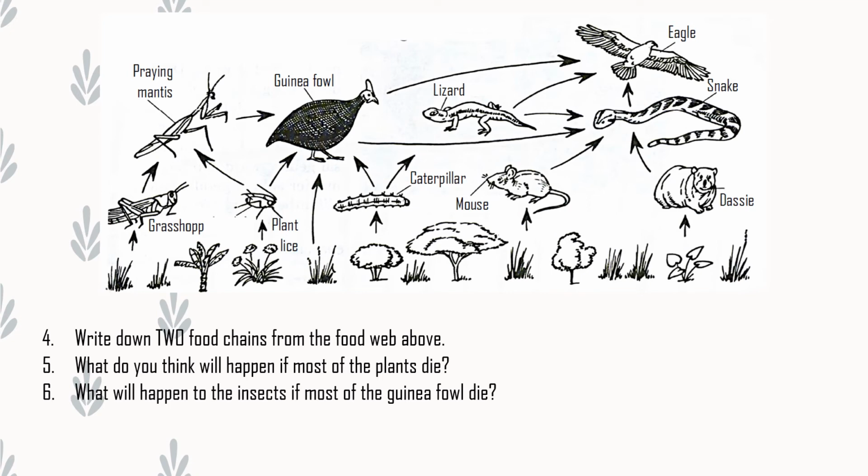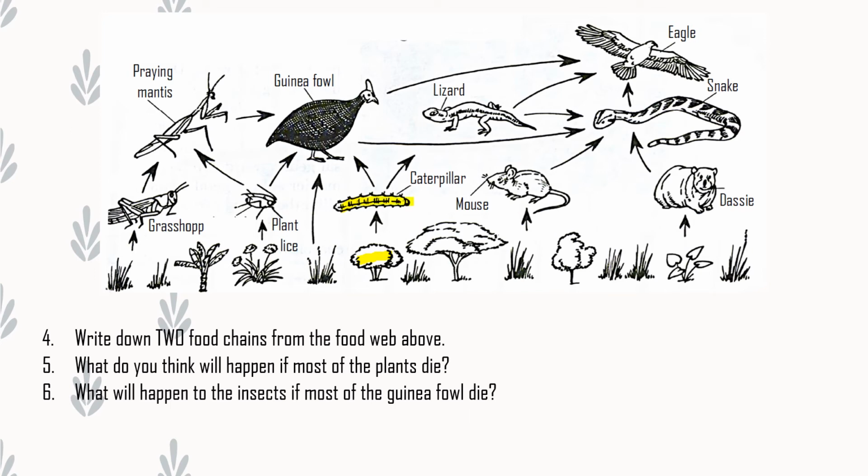Question 4. Write down 2 food chains from this food web. There are many food chains. So let's look at one. Your food chain always has to start with a plant. Then you have an arrow pointing in the right direction, caterpillar.